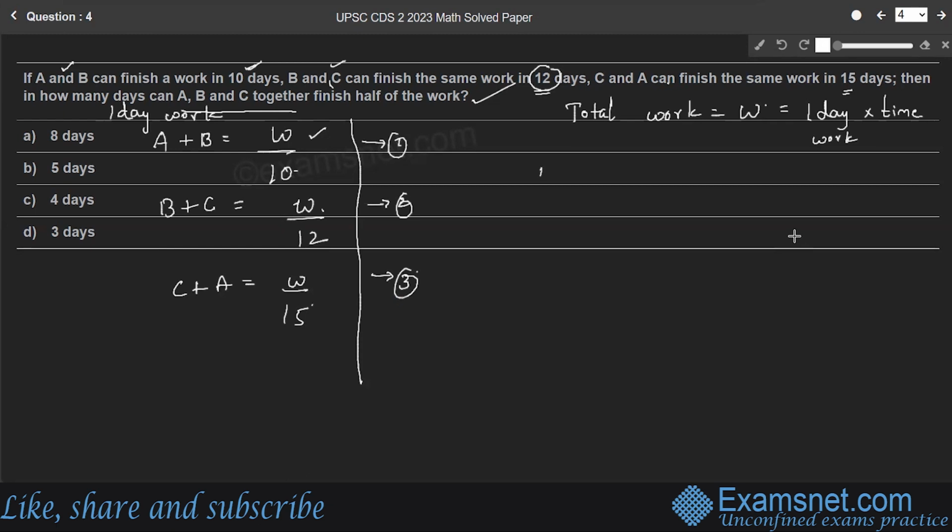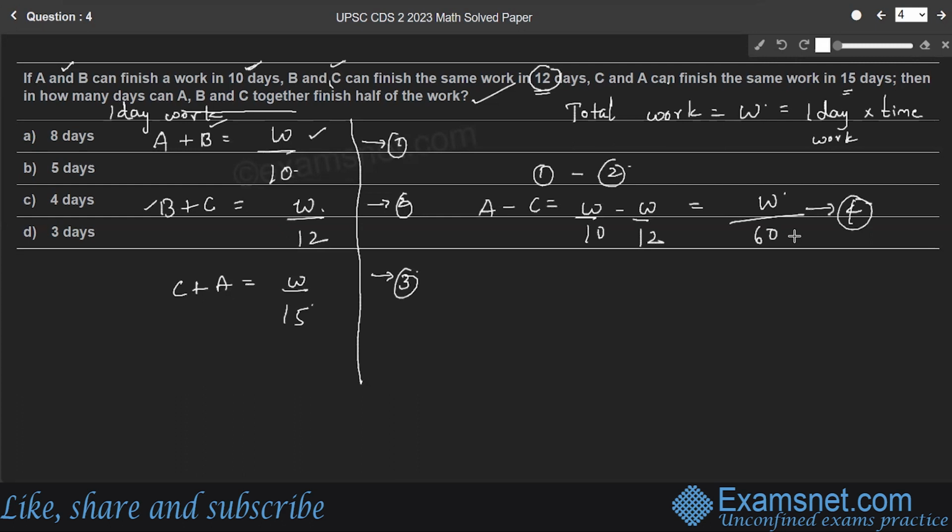First we'll go for equation 1 minus 2, so that we can delete B. So it becomes A minus C is equal to W by 10 minus W by 12. Since LCM is 60, 6W minus 5W is W by 60. A minus C is W by 60. We'll consider this as equation 4.